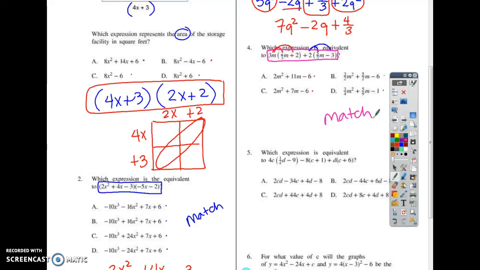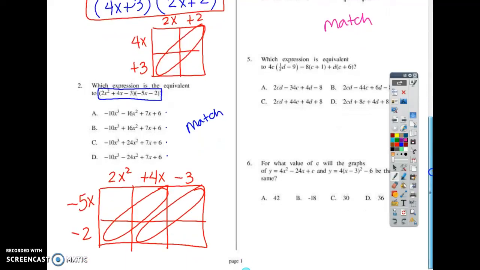Okay? I'm going to do problem number 5 just because it has 2 different letters on it. You're going to distribute here. So we're multiplying 4 times a 4th in the calculator. That gives you 1 cd. 4 times negative 9 gives you negative 36c.